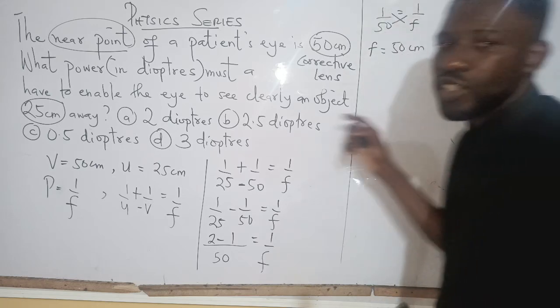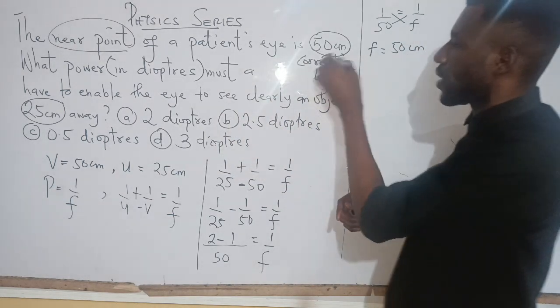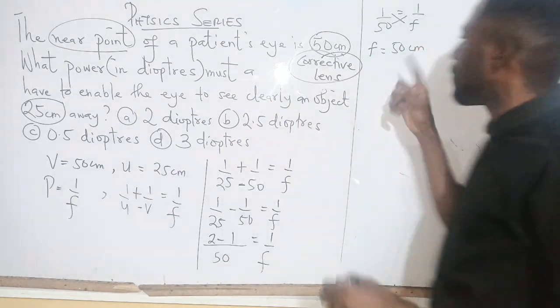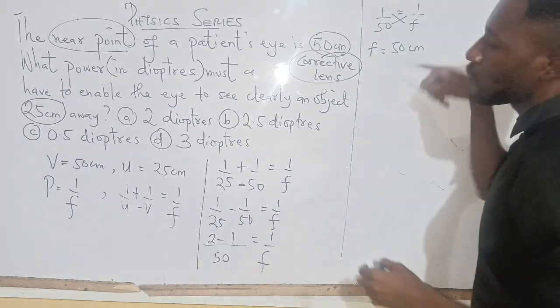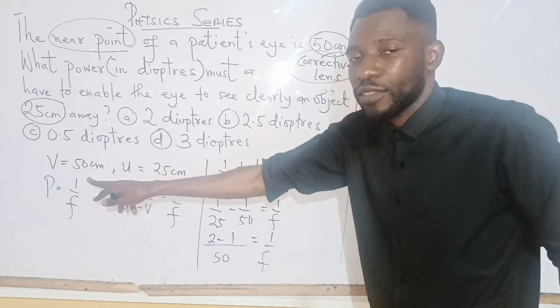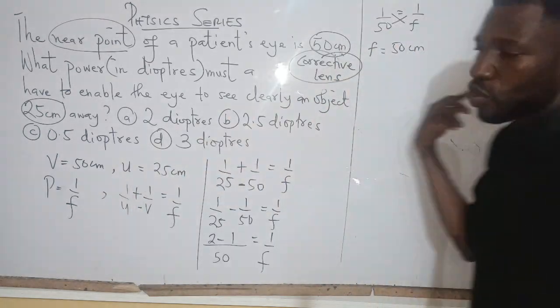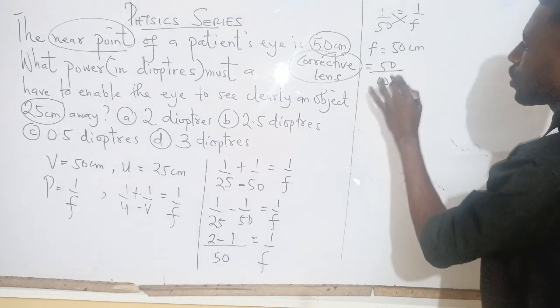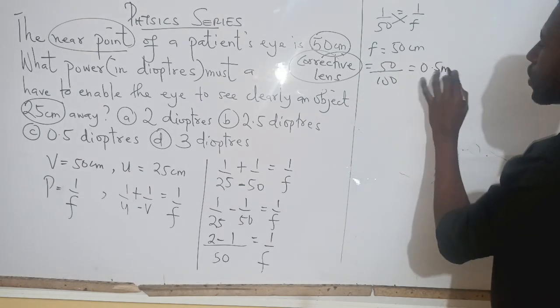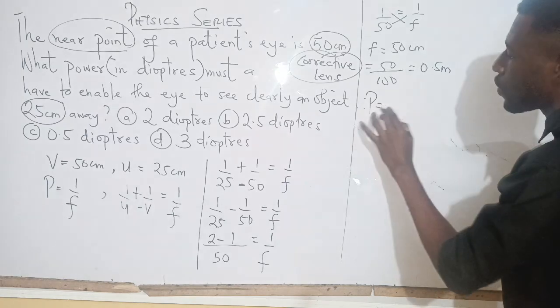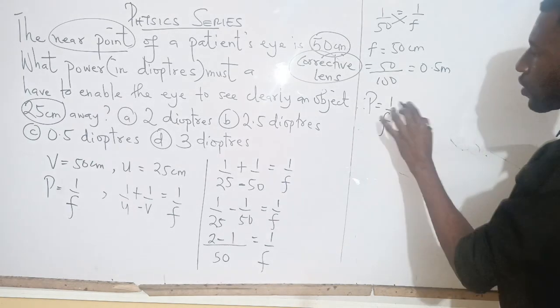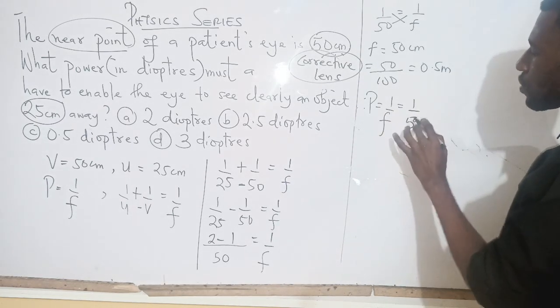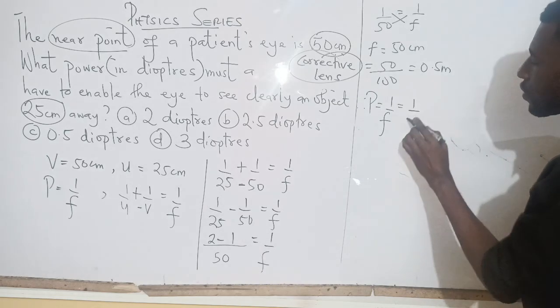So the focal length of the corrective lens is 50 centimeters. Now, at the beginning, I ought to have converted from cm to meters, but I can still do it here. If I convert this to meters, that is 50 over 100, and that is 0.5 meters. Therefore, the power of the lens is 1 over f, and that is 1 over 0.5.